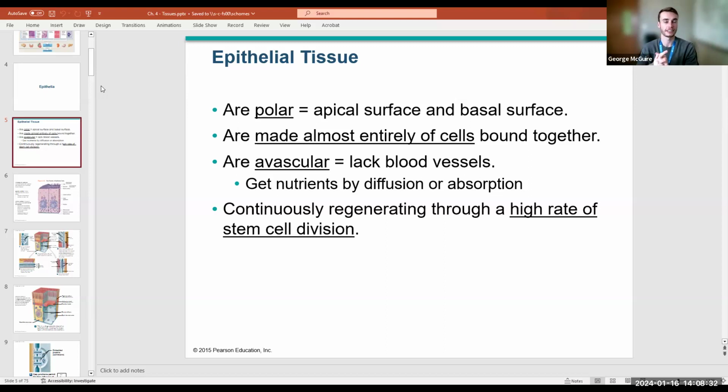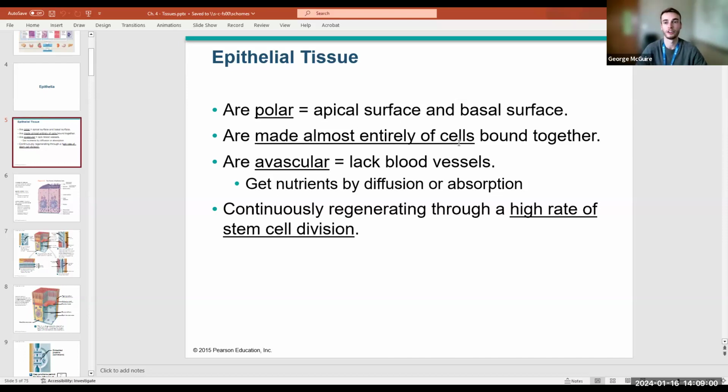Polar in the case that we have two very distinct sides, so two distinct poles with very different shape and function within that tissue, within these cells. So we have an apical surface, which is always going to be facing the environment that epithelium is lining or separating against. And then the basal surface, which is where the epithelium are connected to the connective tissue underlining that epithelium.